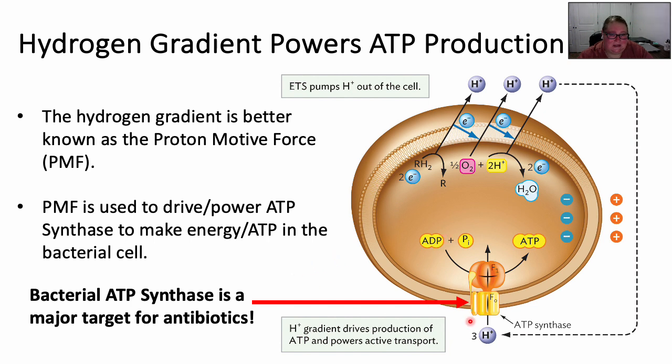This whole process sometimes is targeted by different medications and antibiotics because bacterial ATP synthase is different than our ATP synthase. Whenever something is different in bacterial cells or in a pathogen versus ours, that makes it a prime candidate for antibiotic therapy. ATP synthase is one of those.